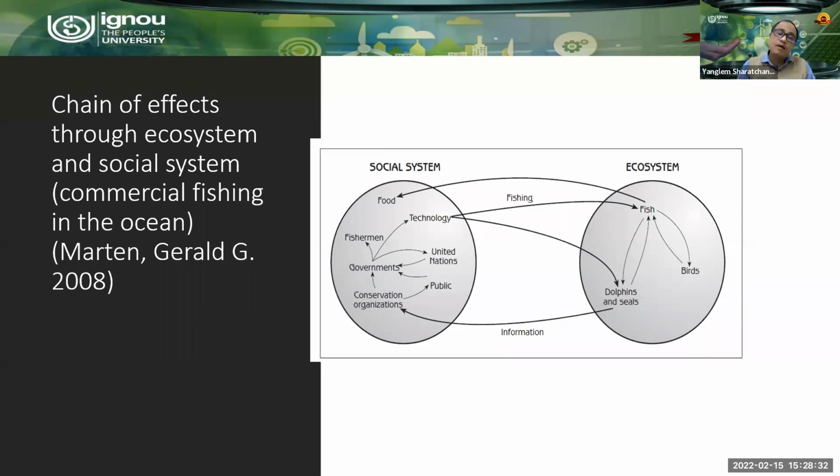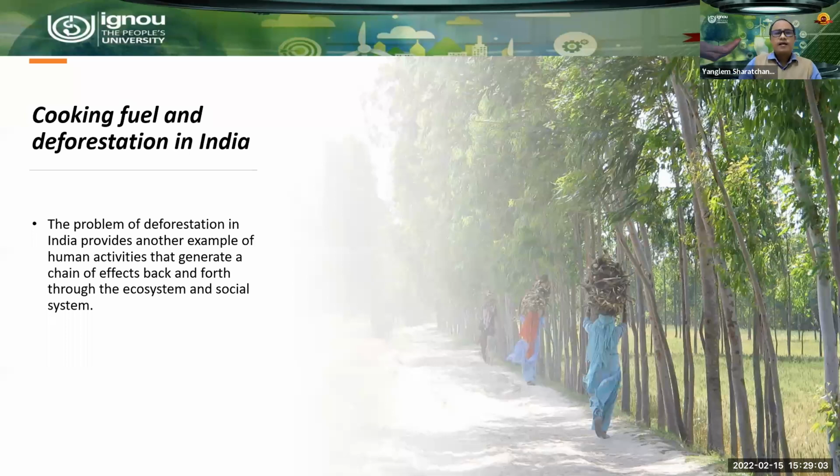That's why conservation organizations, the government, and even fishermen have to play an important role. In that way, from the lens of human ecology, the use and abuse of resource patterns has a chain of effects. That is how we have to understand human ecology, right?